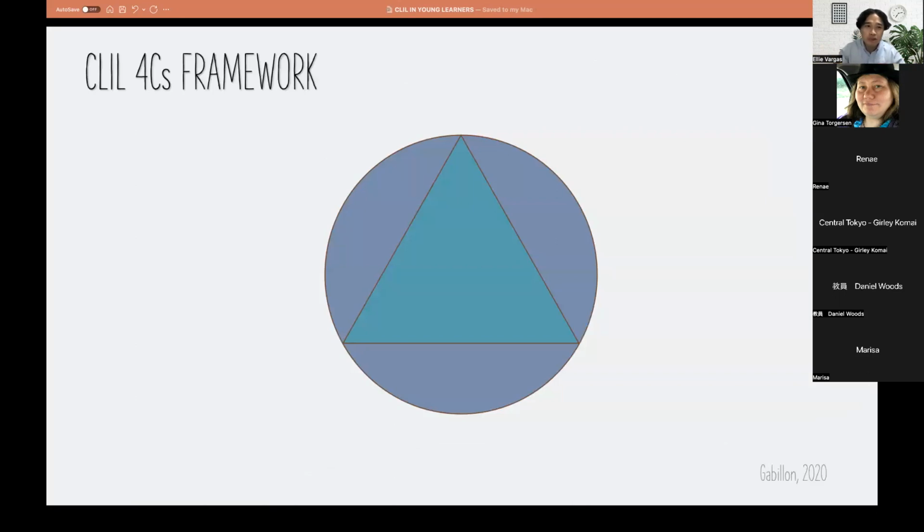There's a lot of frameworks in CLIL, but I like this one by Gabillon in 2020, and they say that there are 4 C's in the framework.